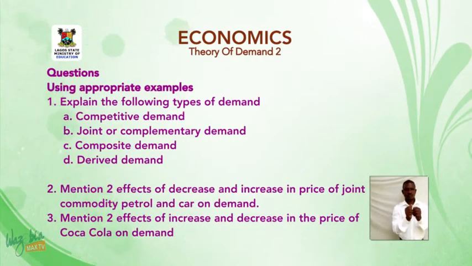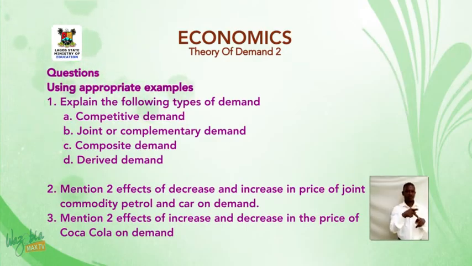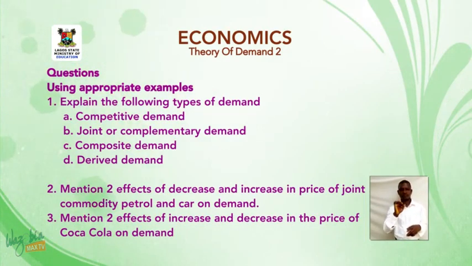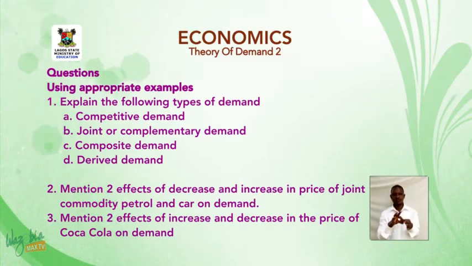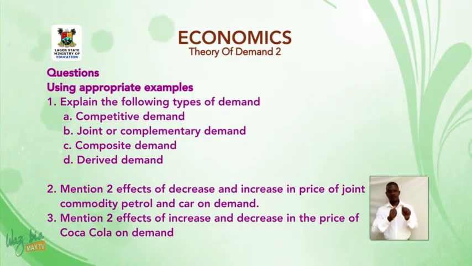We want to take some questions together now. Use such questions at home as practice questions. 1. Using the appropriate examples, explain the following types of demand. A. Competitive demand.